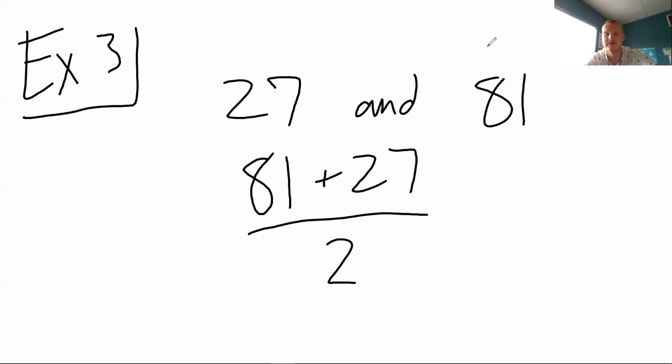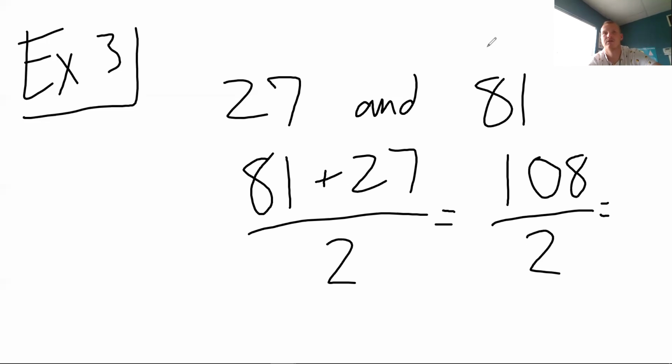So 81 plus 27 is going to be what, Brady? 108. Yeah, 108 divided by 2, and what's that going to be, Grace? It's going to be 54. 54 plus 54 is 108. So there we go. 54 is halfway in between.